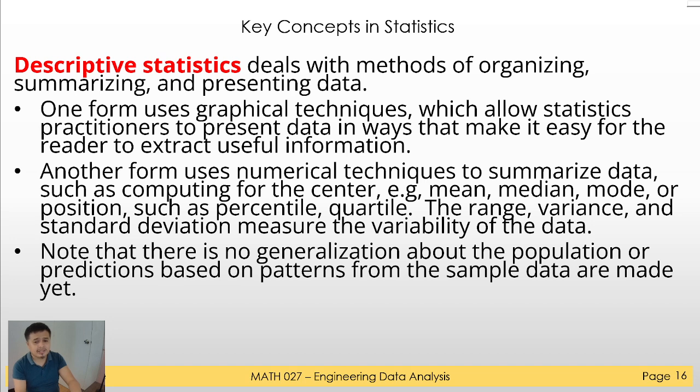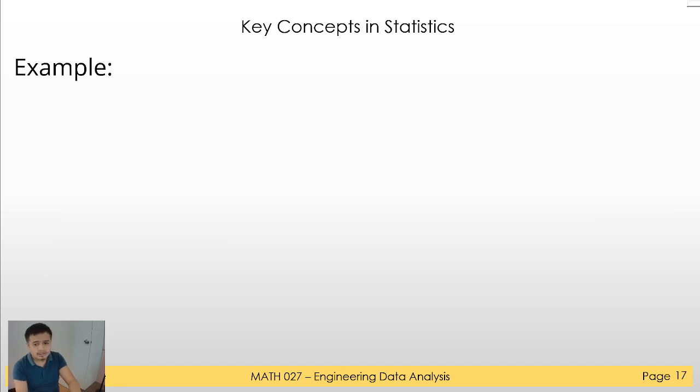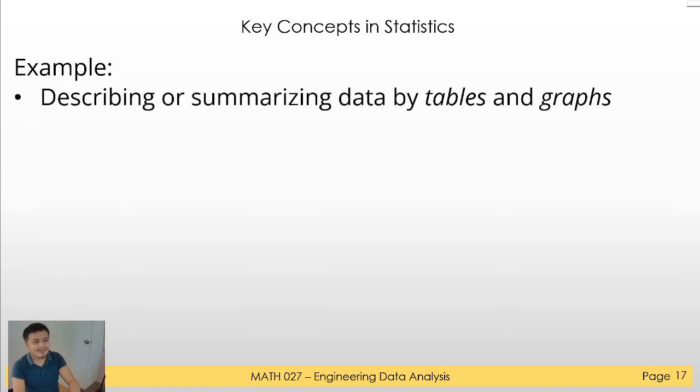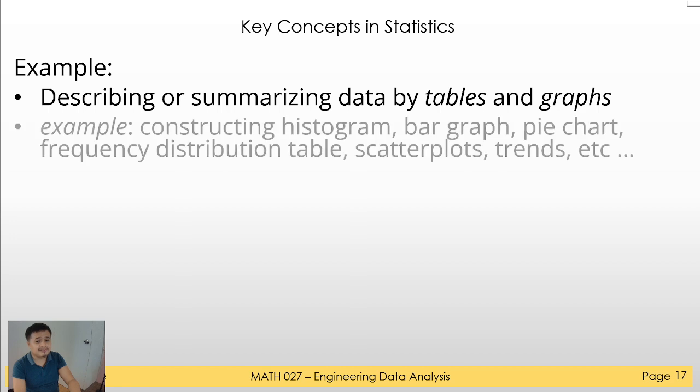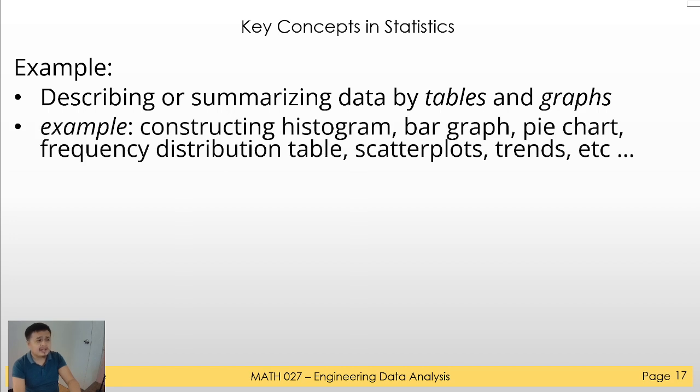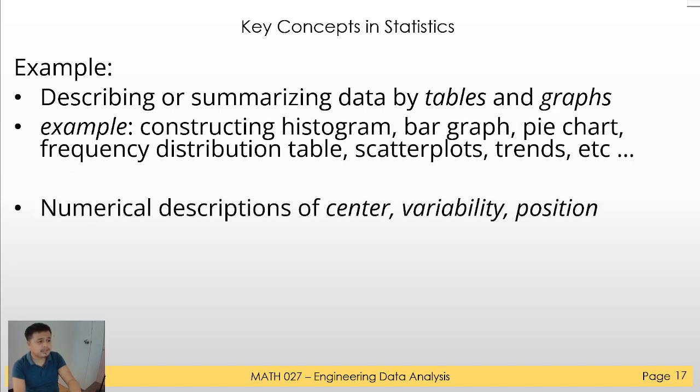Okay? And in contrast to that, an example of describing data is summarizing the data by the use of tables and graphs. We're probably already familiar with pie charts and bar graphs, but we could also construct a histogram, frequency distribution table, or scatter plots.